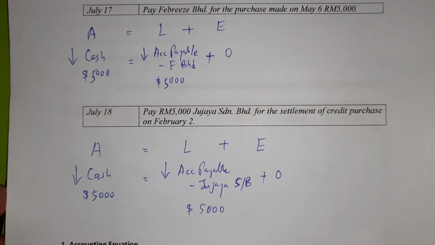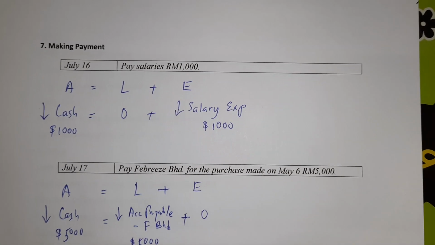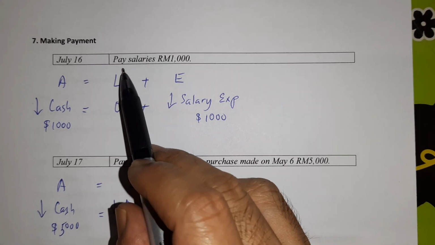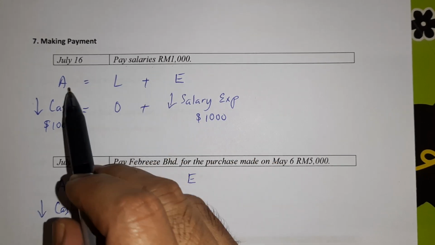Okay, the last thing. Making payment. Making payment means the business pays somebody. So when the business pays somebody, the cash goes out. Okay, see here. The business pays salaries 1,000. So what happened to the asset, liability, and equity?